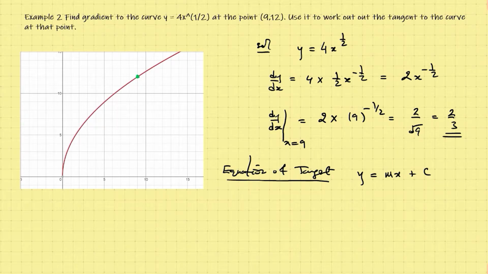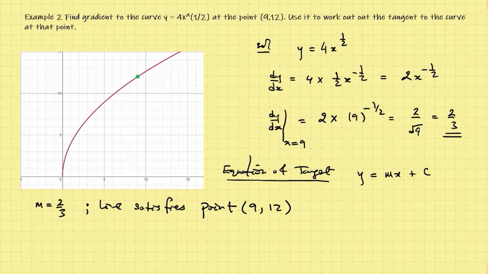So we need to work out the y-intercept. We're going to use the information that we know. We know that m equals 2/3, and we know that the line satisfies the point (9, 12), i.e., x equals 9 when y equals 12.